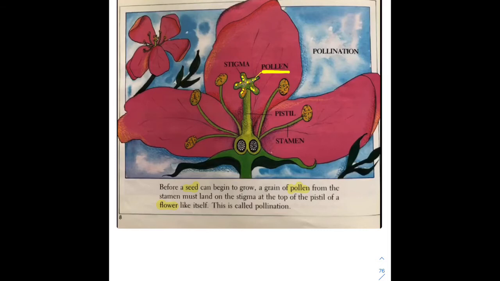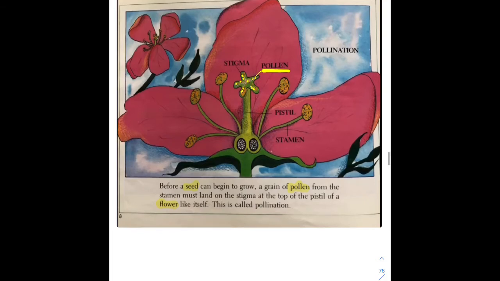You have to have the pollen, and it has to dig its hole down to the ovules, and that's what makes a seed. So pollen is extremely important, and that pollen belongs to an adult plant.